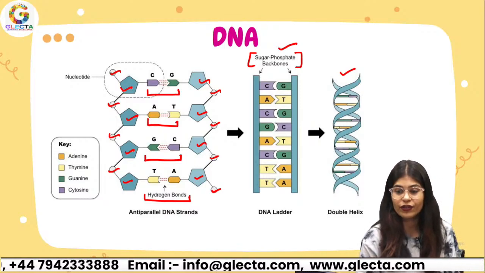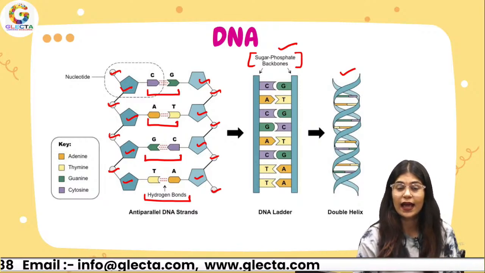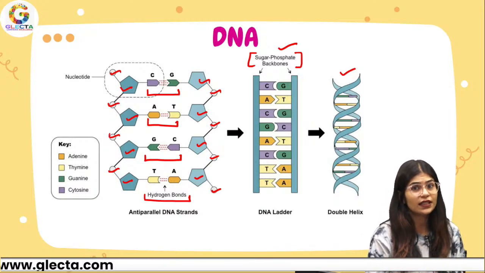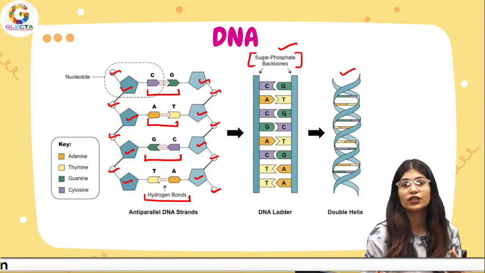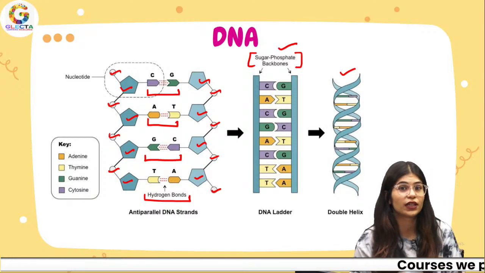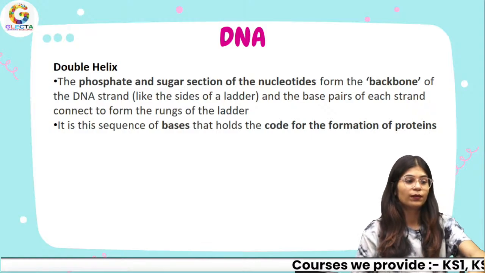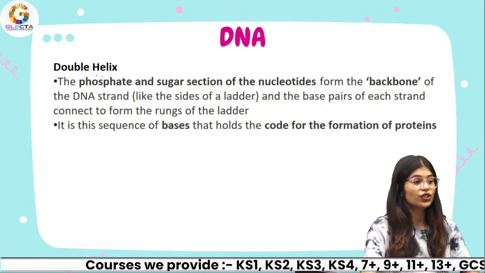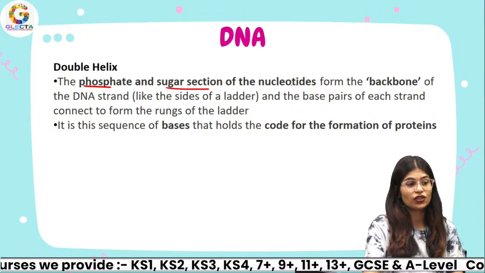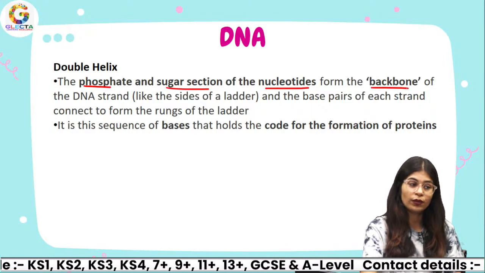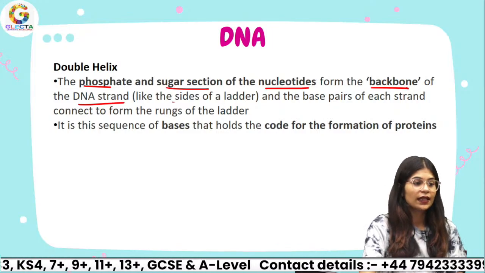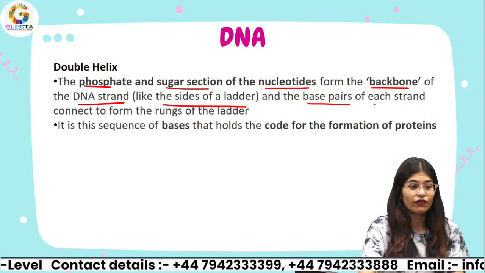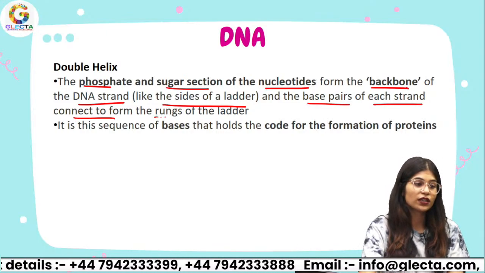I hope everyone is very, very clear with this, and I hope you guys now understand the structure of DNA, because this would give you a lot of knowledge about how protein synthesis works as well. Now, this wraps up everything that we've talked about the DNA so far: the phosphate and the sugar section of the nucleotides form the backbone of the DNA strands, which is the sides of the ladder, and the base pairs of each strand connect to form the rungs of that ladder.